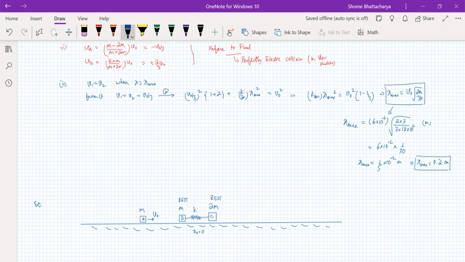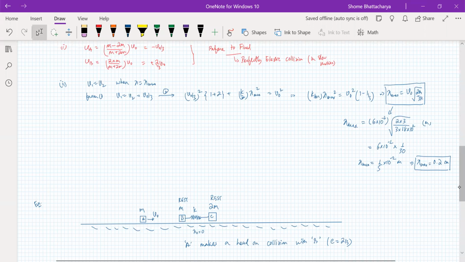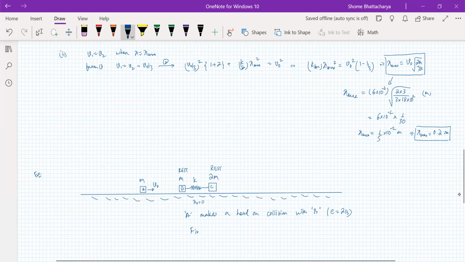So now what happens is A makes a head-on collision with the block B with a coefficient of restitution of 2 by 3. So we want to find VA and VB just after impact.